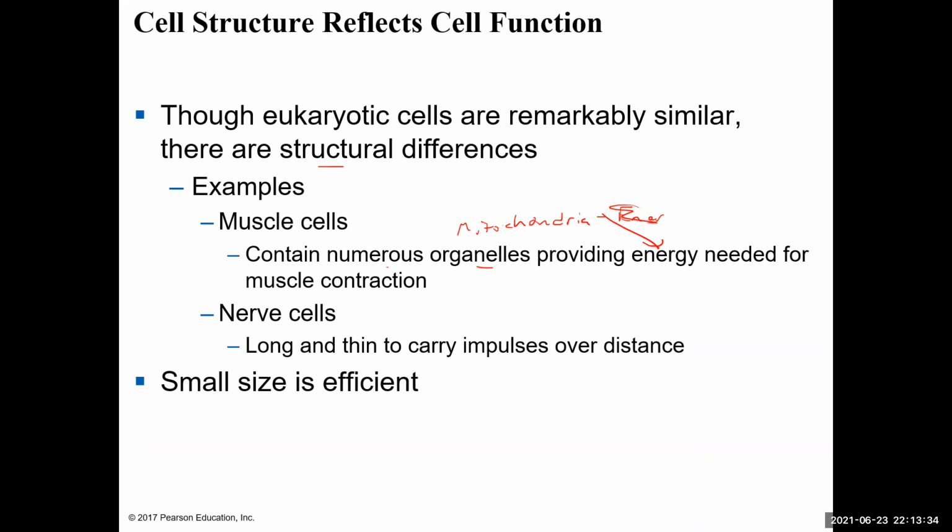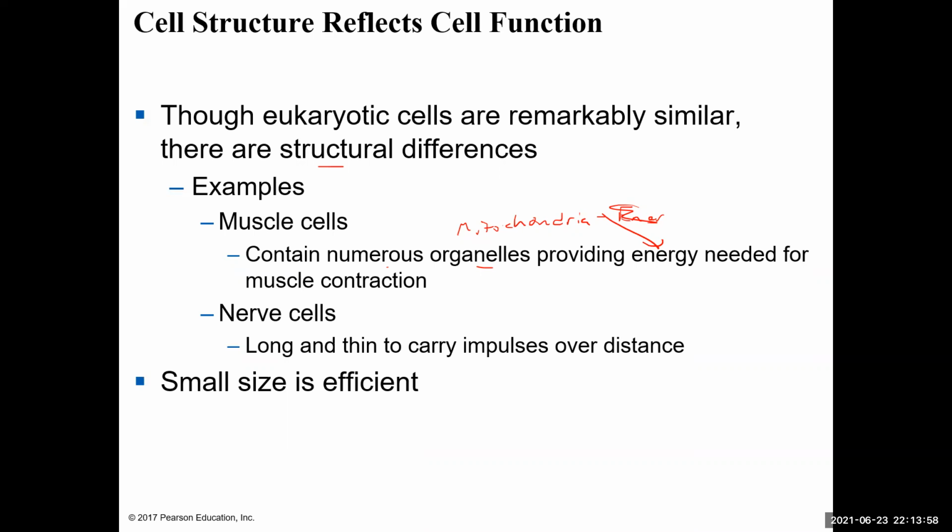And they also have a lot of nuclei. They're multinucleated. So you can have multiple nuclei in one, say, skeletal muscle cell. Compare that to nerve cells. Nerve cells are long and thin, and a nerve cell could be several inches long compared to a muscle cell that's going to be relatively small.